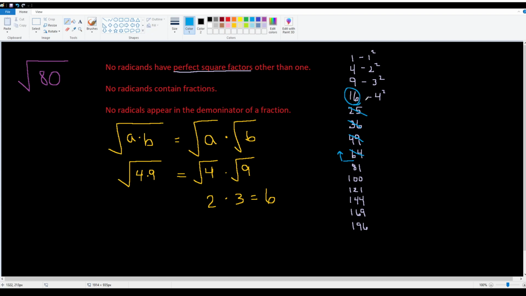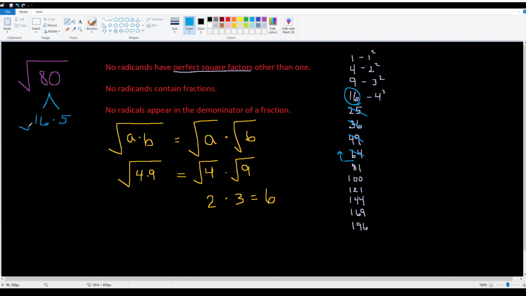So what I can do now is I can take 80 and I can split 80 up into two different factors, 16 and 5, because 16 times 5 is 80, and 16 is the greatest perfect square factor.